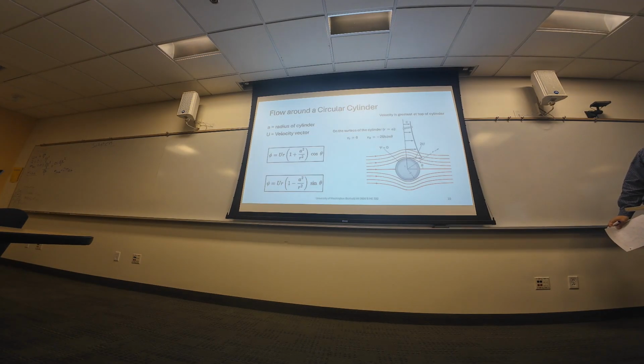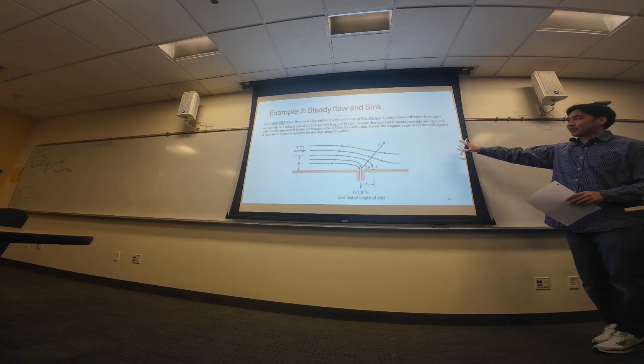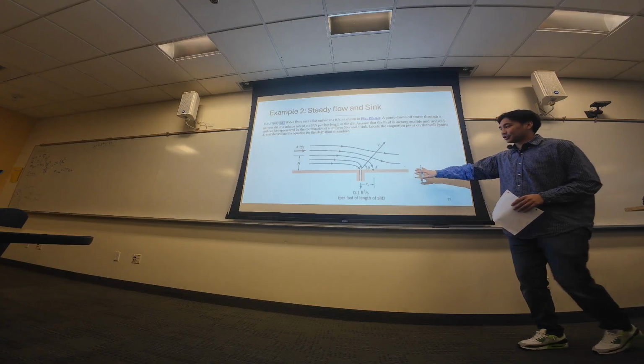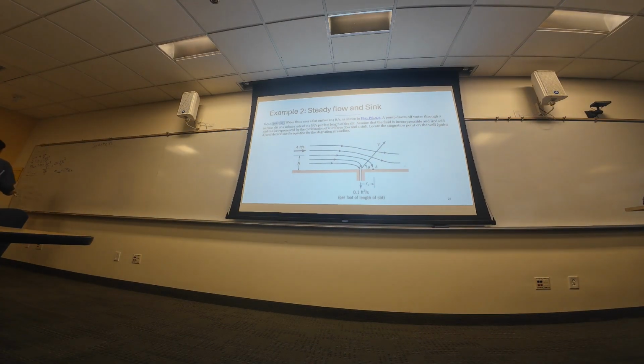Okay, we'll just go here. Same problem. This is just a different figure showing more of the variables. Okay, so then we're going to find the stagnation point at A, to the right of the slit.